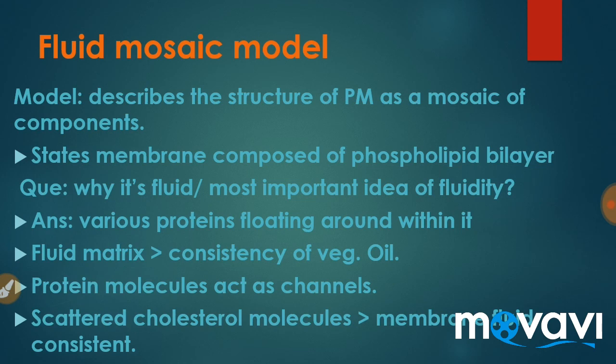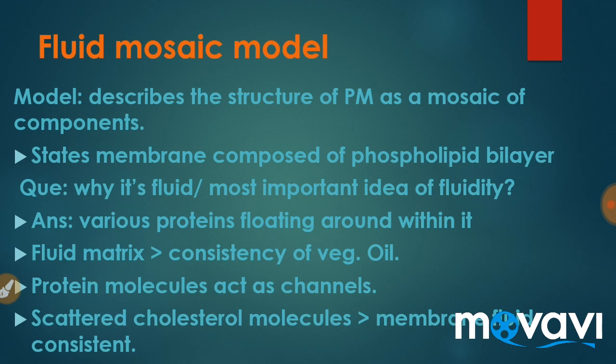One thing you have to note here: not all proteins are free, because many are attached to or embedded in the bilayer. Integral membrane proteins, for example, are embedded in the bilayer. What about individual molecules of phospholipids? These molecules have the ability to diffuse rapidly within their own monolayer.